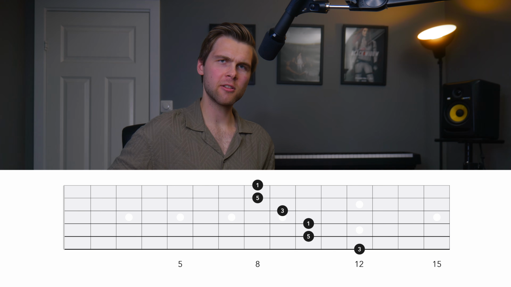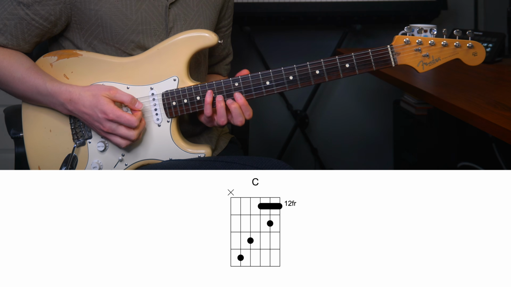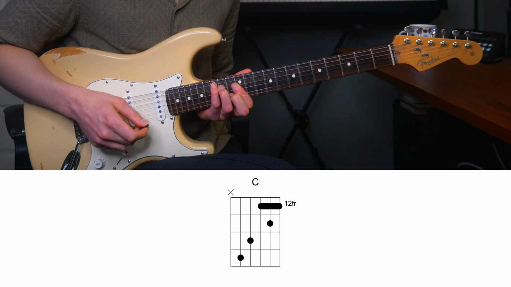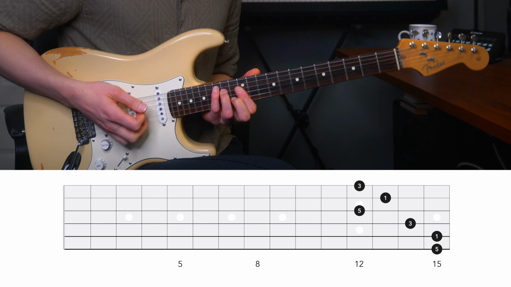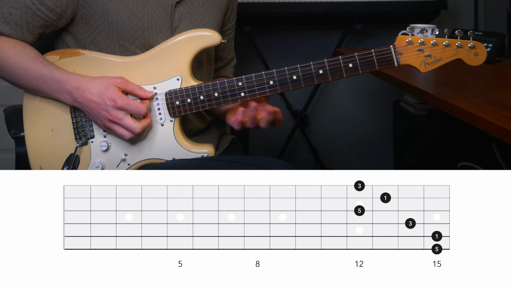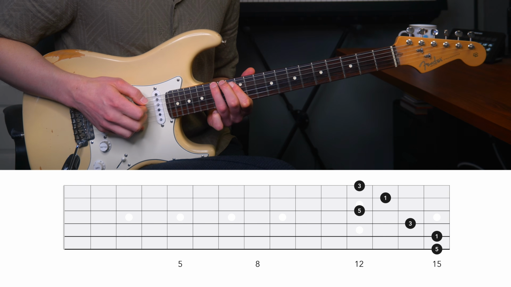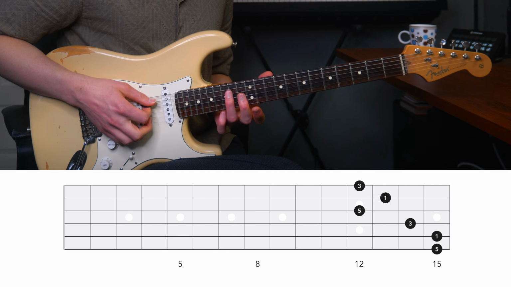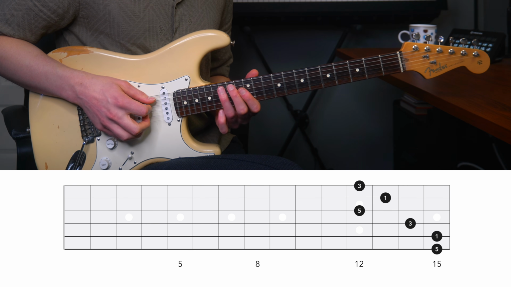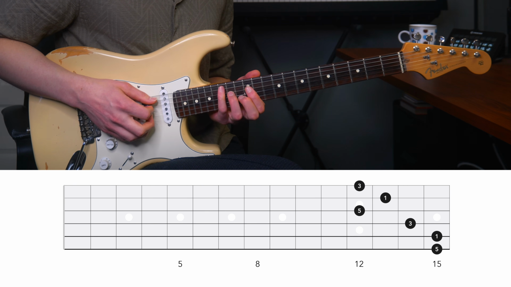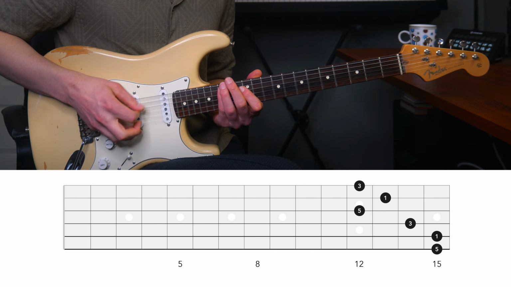The third and final shape is very similar to this bar chord. But we start on a string below, so again on the low E string. On 15. A good way to find that shape is to first find a root note on the A string, which is on the 15th fret in this case.